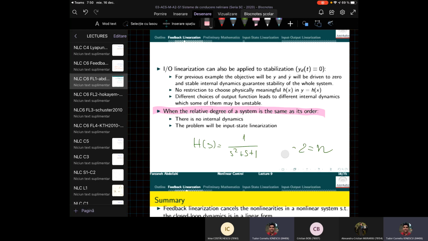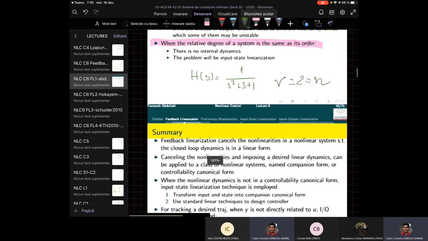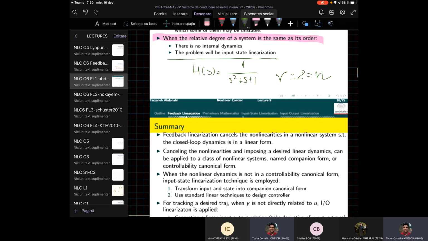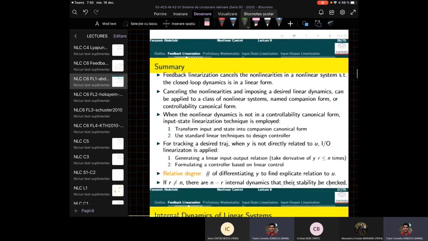Let's call it r this time because we are nonlinear people now. The relative degree r is 2 equals n. Excesul pol zerouri e 2, exact ordinul sistemului. True? So the problem in this case is called input to state linearization. You don't have any internal dynamics whatsoever. Otherwise, you'll have the so-called zero dynamics of the system. This is also important because the zero dynamics is related to the observability.